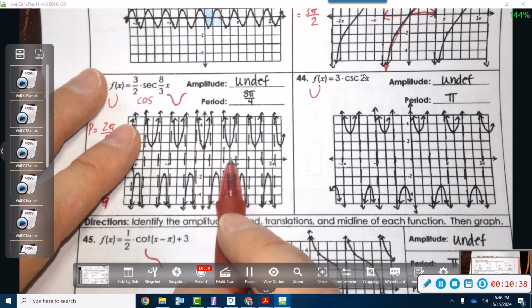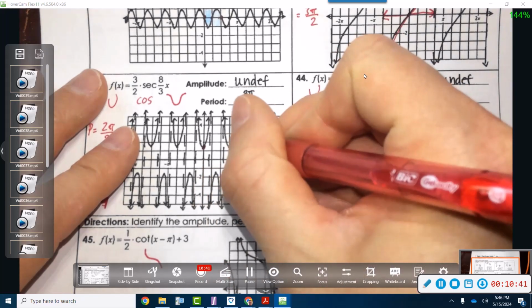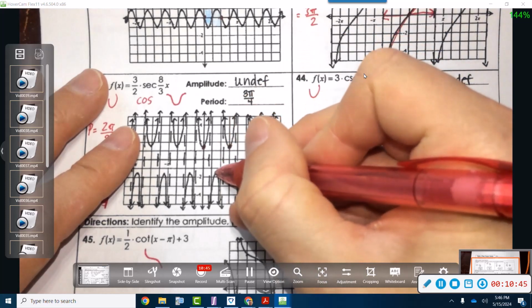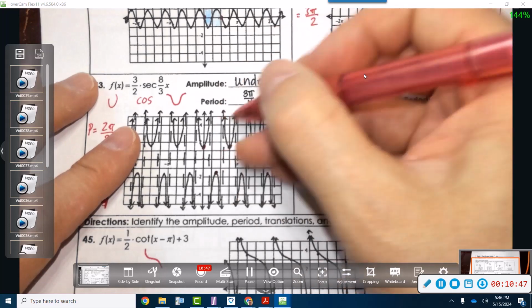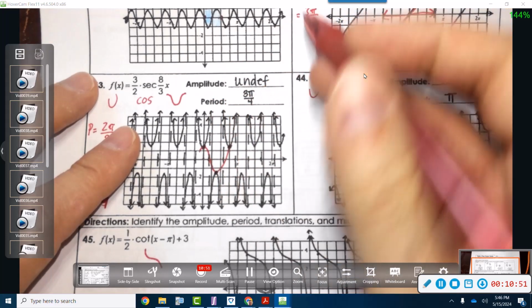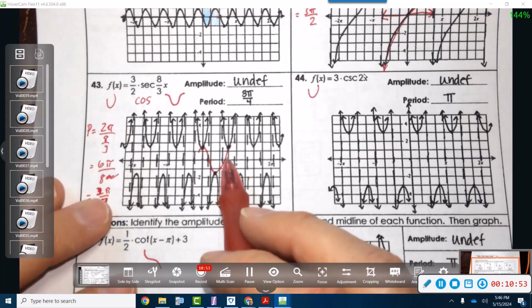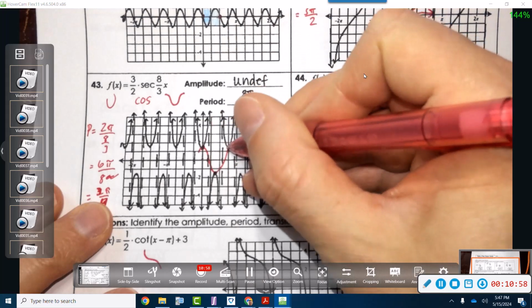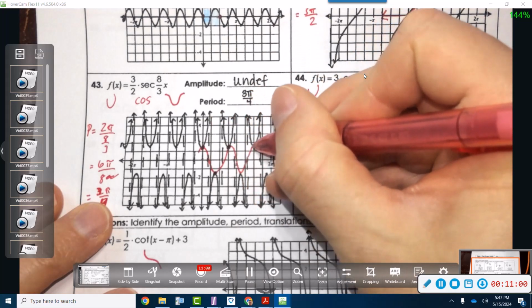That is 3 pi over 4 right there, and that is where he begins his cycle again. And then right in the middle is where he goes to negative 1.5. So here's our cosine right here. Now every time this cosine hits the x-axis, that is where you're going to find a dotted line.